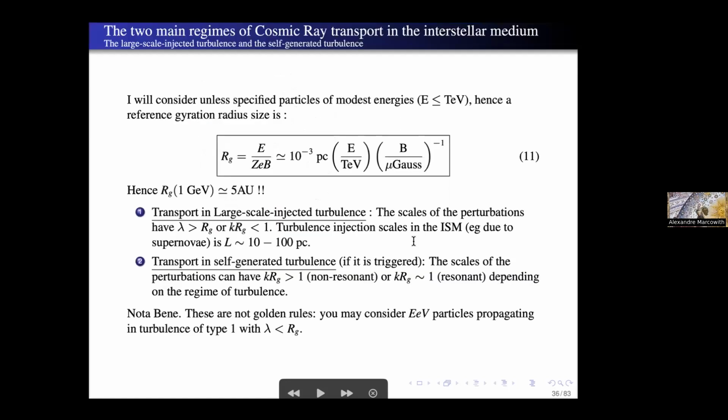In cosmic ray transport, the scales are very important, because you can get completely messed up if you do not evaluate the proper scale.